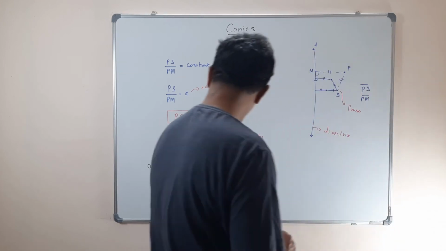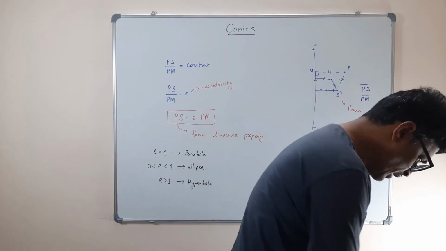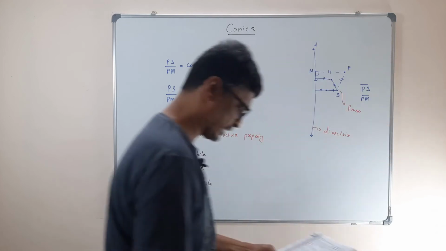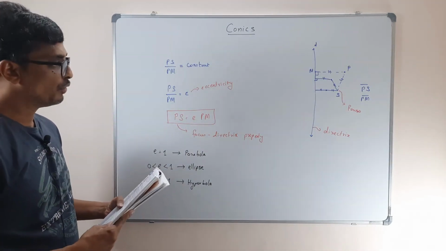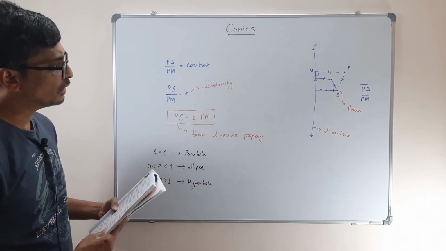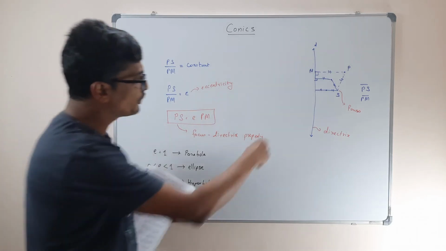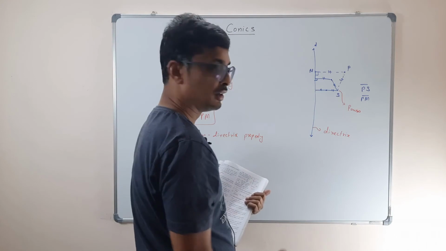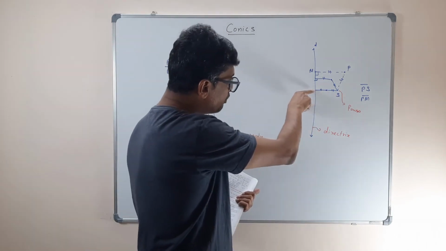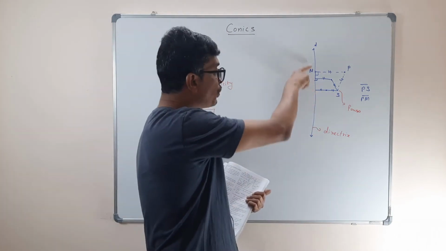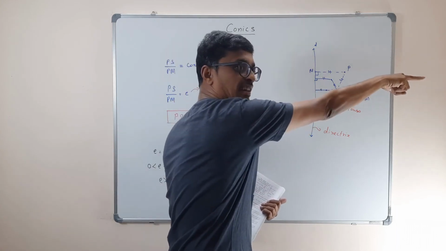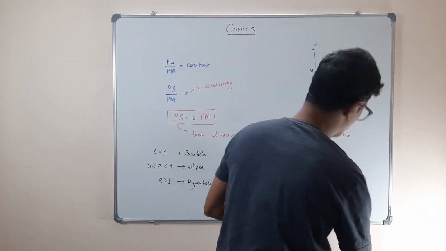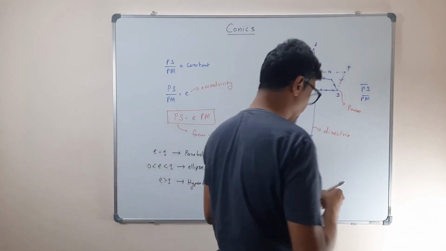Now they have some useful terms of conic sections. Axis. The axis is this: you have one fixed point, the focus. You can draw a line perpendicular to your directrix passing through S. Let me make it a circle.